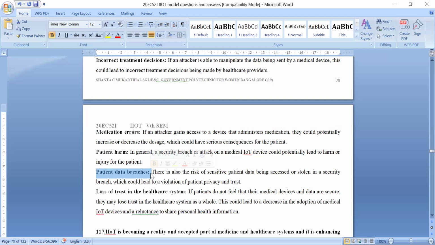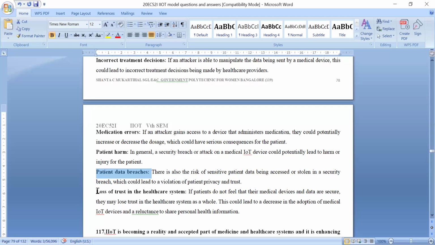This breach could violate the patient's privacy and lead to identity theft or unauthorized usage of the data, which causes financial damage or harm to the reputation of the hospital. So patient data breach means stealing the patient's sensitive data.